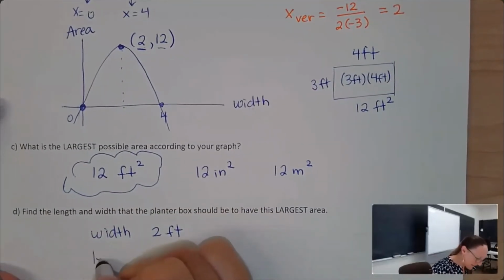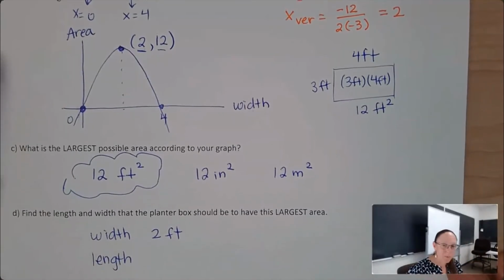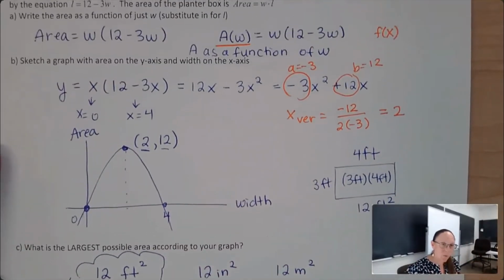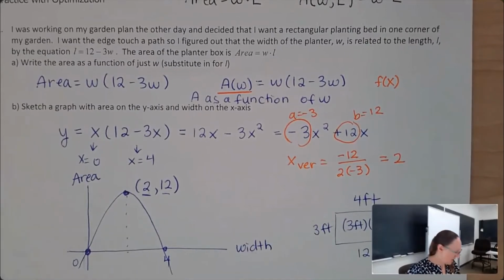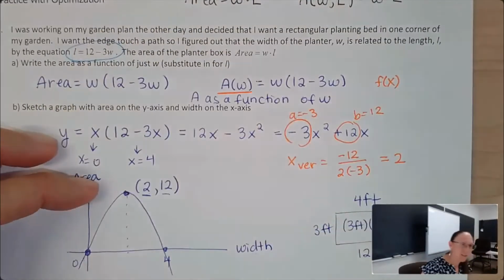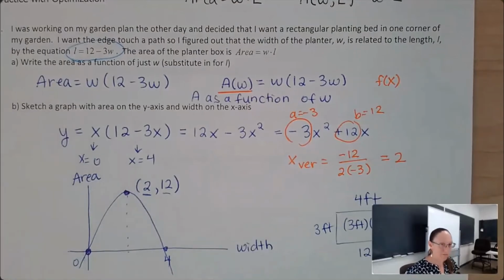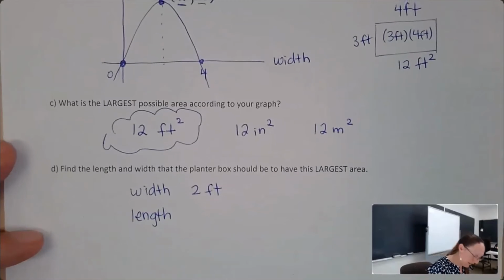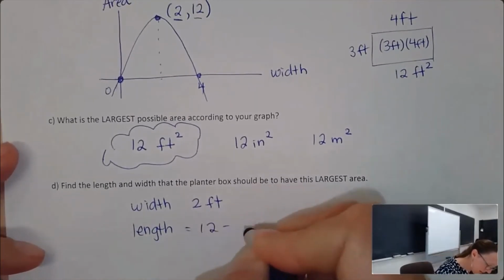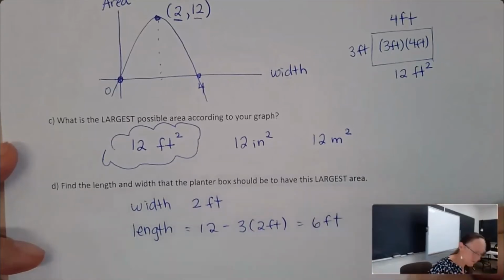And then if I want to find the length, I'm going back up to the original equation somewhere to find something that says length equals. And here it is. There's my length equals. Since length equals 12 minus 3 times the width, I know that my length is going to be 12 minus 3 times the 2 feet, or 6 feet.